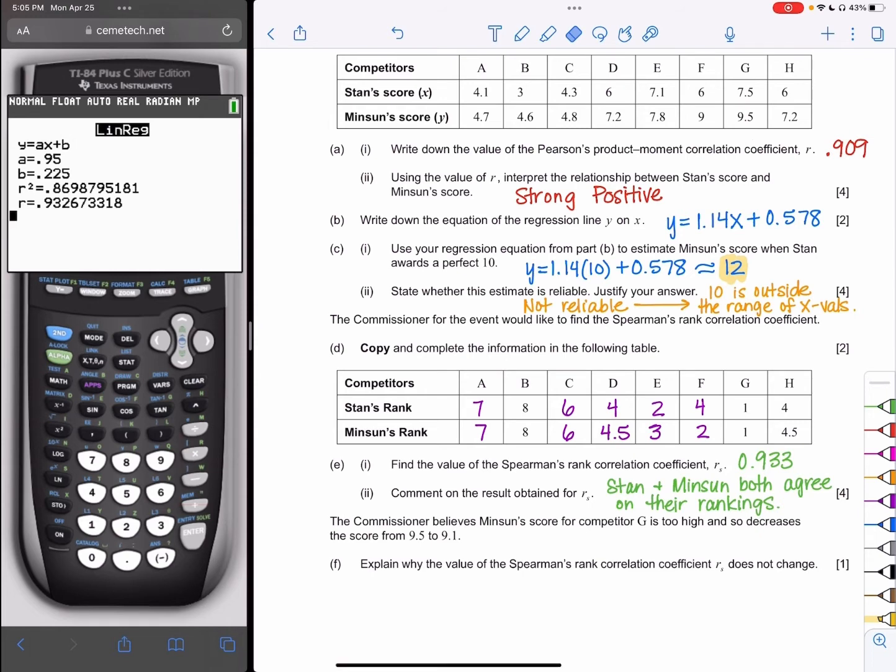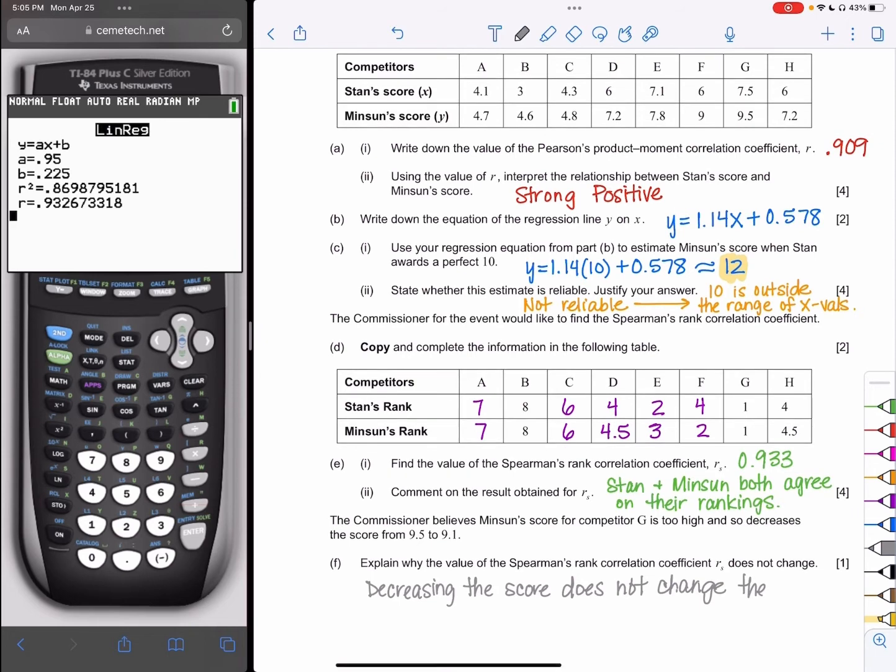So here we can say that decreasing the score does not change the rank of competitor G. So if the rank isn't changing, then we already know that the Spearman's rank correlation coefficient is not going to change, because that correlation coefficient is based upon the rankings.